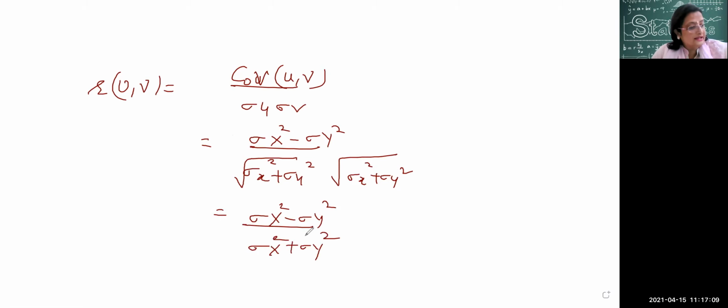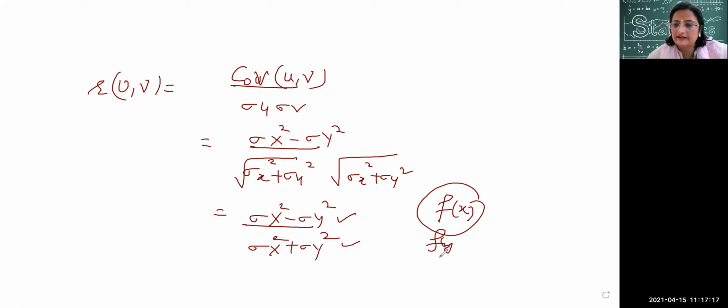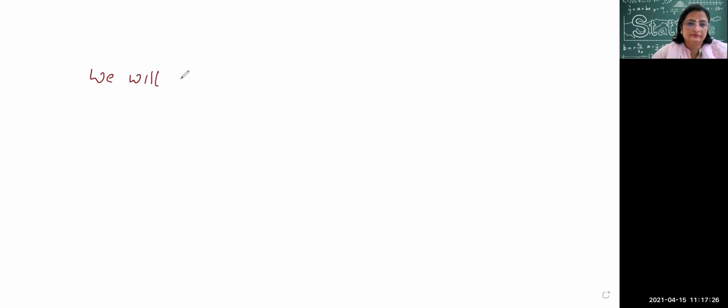Now the next question is to find out the value of sigma x and sigma y with the help of the PDF f of x and f of y. Now let it be number 2 expression. Now we will calculate sigma x square, sigma y square. These two are needed. Now what does sigma x square depend on?